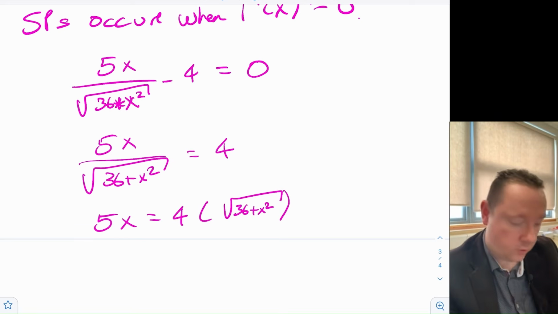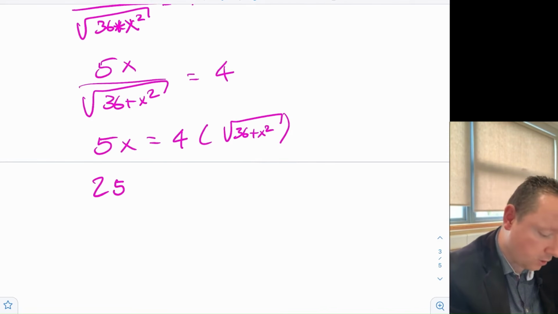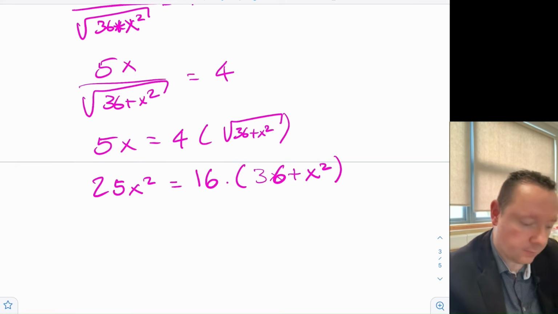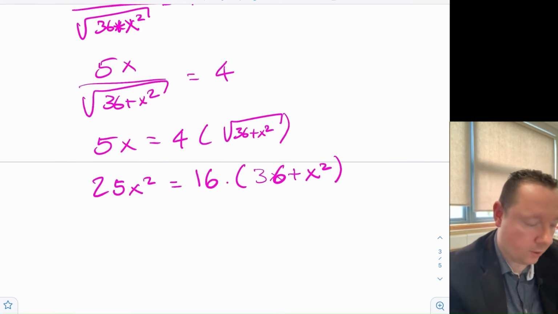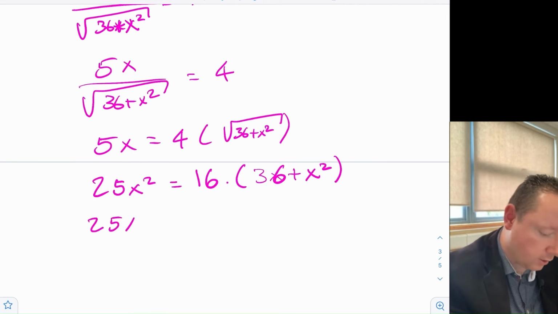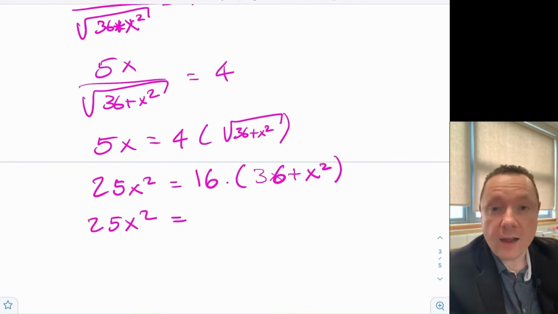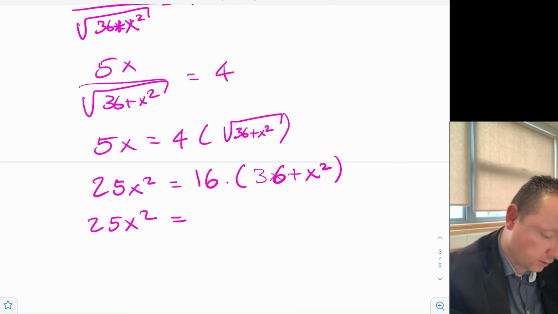And we can square both sides to get 25x squared equals 16 times (36 plus x squared), because the opposite of a square root is squaring. And we can work that out. 25x squared equals 576 plus 16x squared.